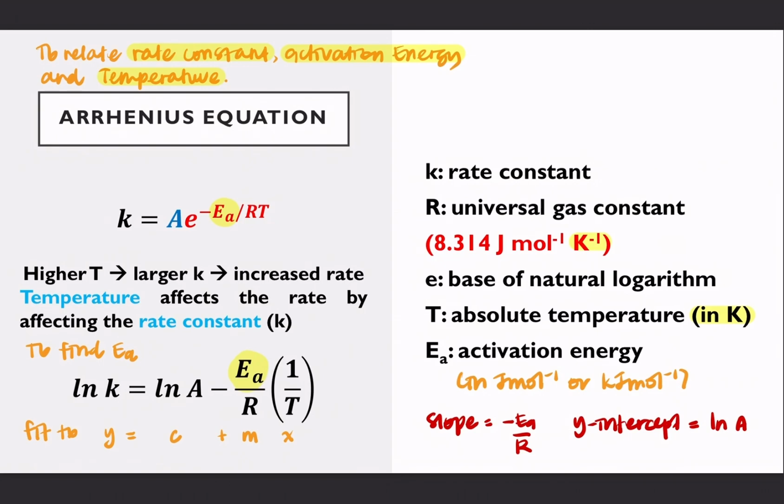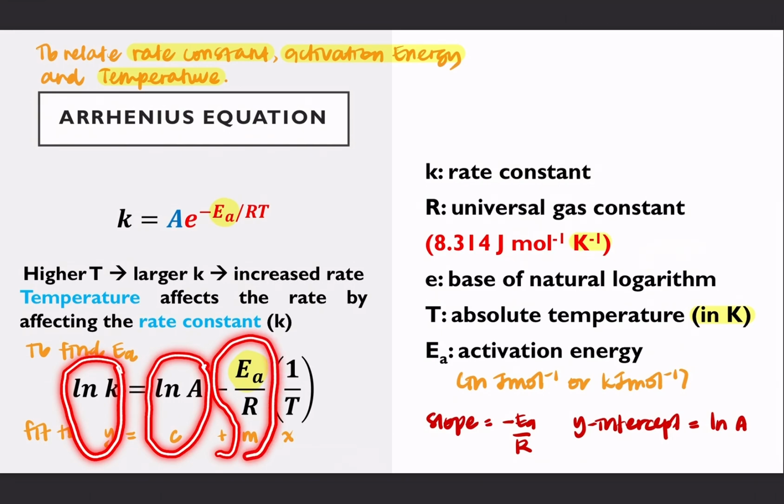We will be using the graphical method where we fit this equation to y equals mx plus c. Your y-axis will be ln k, your y-intercept will be ln A, your slope will be negative EA over R, and your x-axis will be 1 over T.